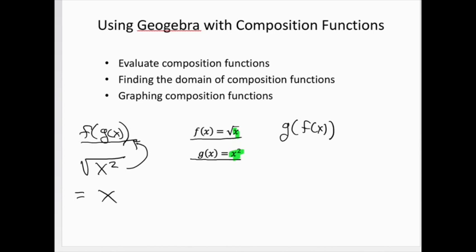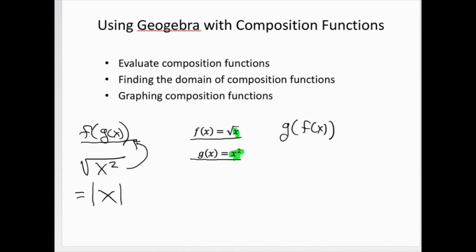Now, it looks like I can simplify it and get just x, right? The square root of x squared is x. However, when you look at the graph of this, you're actually going to be surprised. The domain is all real numbers, but it's actually not the graph of x. It's actually the absolute value of x.